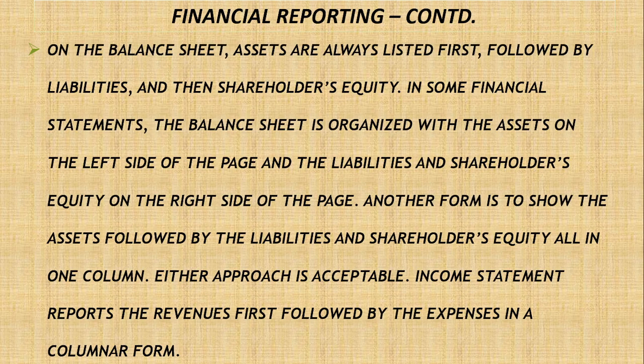Another form is to show the assets followed by the liabilities and shareholders' equity all in one column. Either approach is acceptable. The income statement reports the revenues first followed by the expenses in a columnar form.